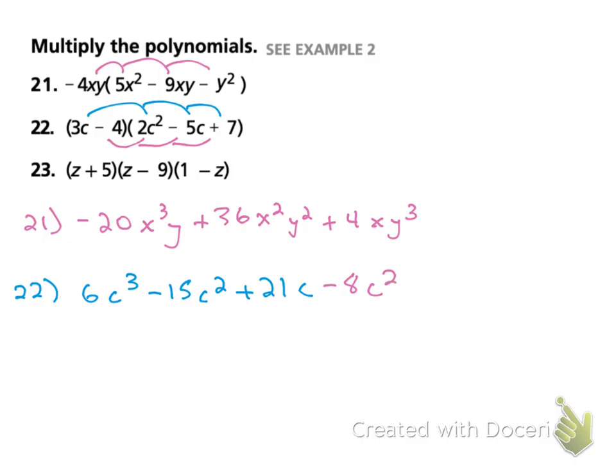Negative 8c squared plus 20c minus 28. Combine like terms, we'll have 6c cubed minus 23c squared plus 41c minus 28.